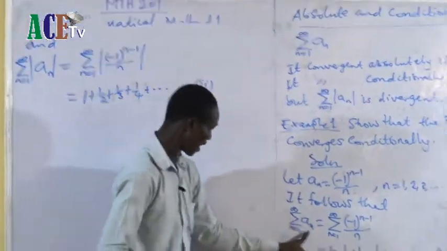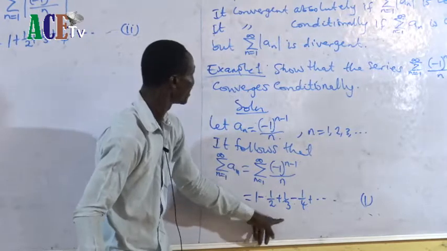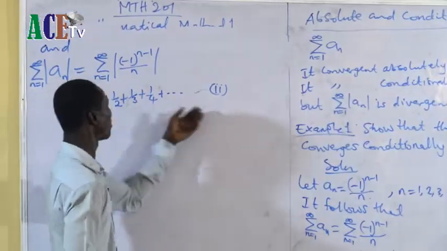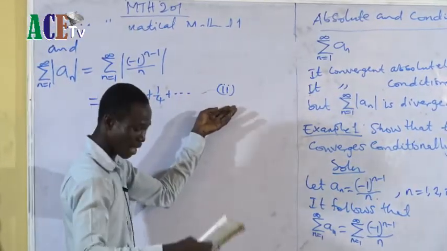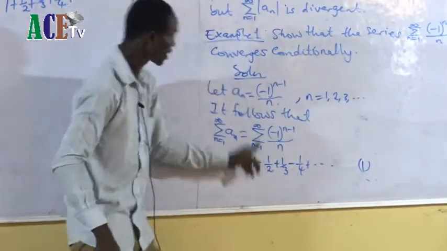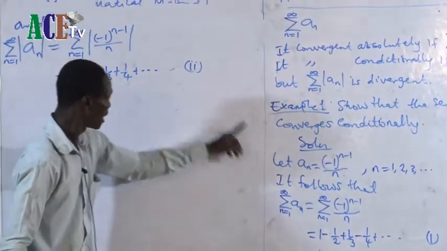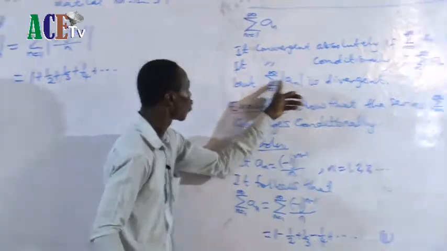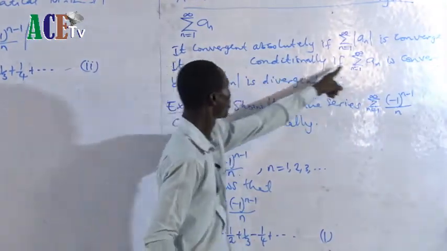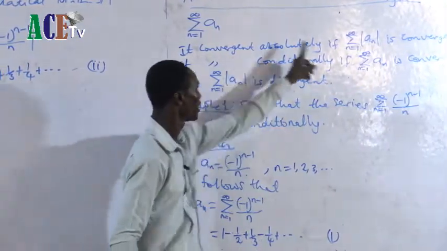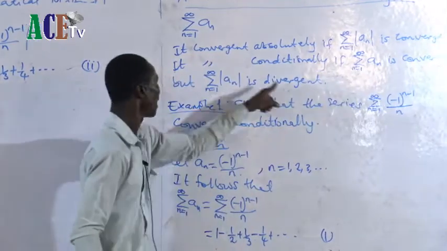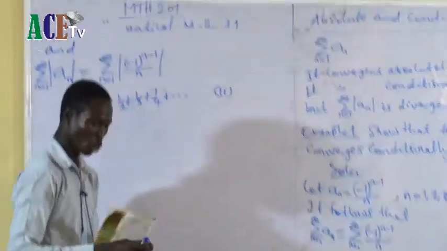You can see that this is an. The an is convergent, but the absolute value is divergent. Then in that case, the condition is satisfied: this one is convergent and this one is divergent. So I will write my last statement.